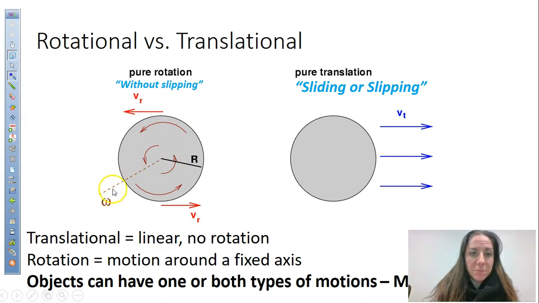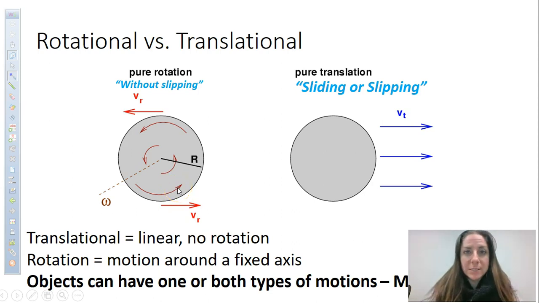Rotation is you have this imaginary axis, so that's what this dotted line is, and the object moves about that axis. That is rotation. So anytime I model this in class or with problems, angular motion will be a curved arrow because we're spinning, okay? When we're looking at translational velocity, it will be a straight arrow, and I hope that makes sense.